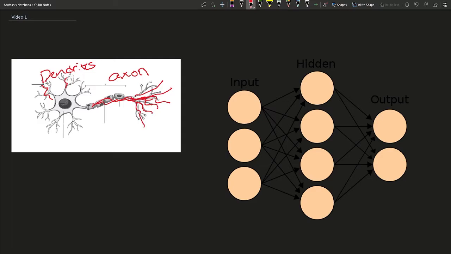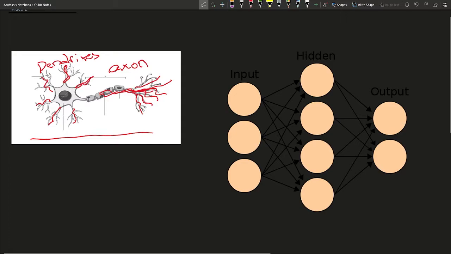Now note, although this is branching off into a bunch of other neurons, all of this is technically still one output. It's sending the same output to many different neurons. The dendrites, on the other hand, don't all have to be the same.